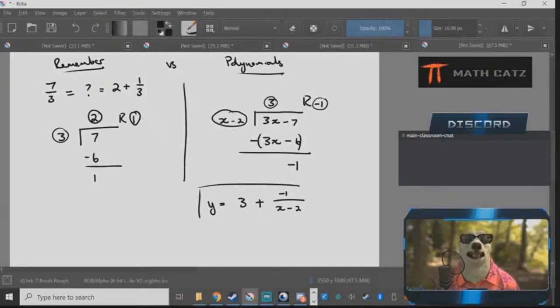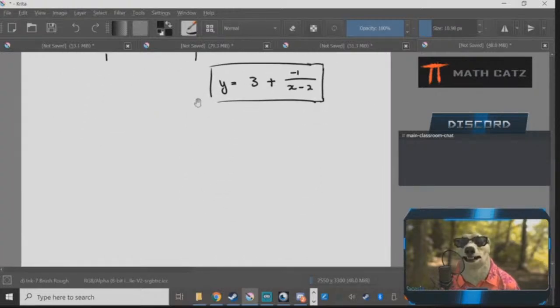So this is now going to allow me to see the transformations. I have a negative there. I replace x with x minus 2. Then I add 3. So let's do it. And again, I know for a fact, because I've taught pre-calculus, that you have done long division.